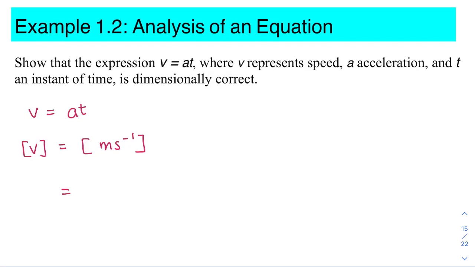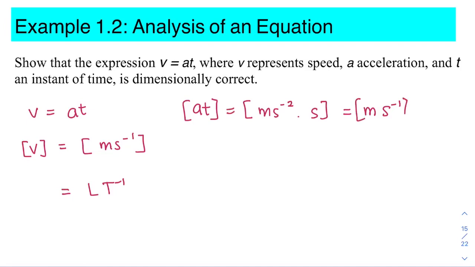In terms of dimensional symbol, L T negative 1. For the AT, the dimensional analysis is going to be used here. The SI unit firstly. Can we simplify this one? Yes. So m s negative 1. So from here, we are going to replace it with dimensional symbol L T negative 1.